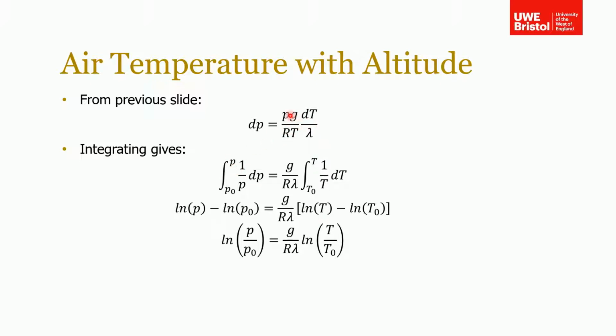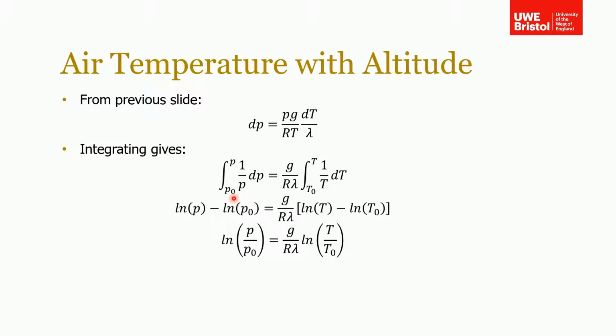So if we again bring the p down here, rearrange it, then we have the integration of 1 over p between p0, and remembering that the subscript 0 in all these calculations relates to the bottom of the layer that you're interested in.